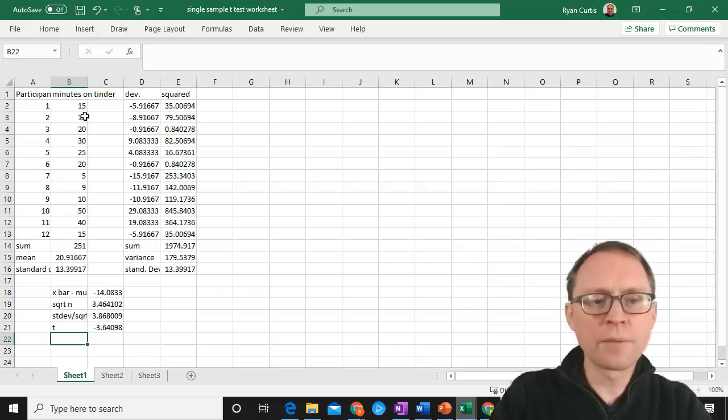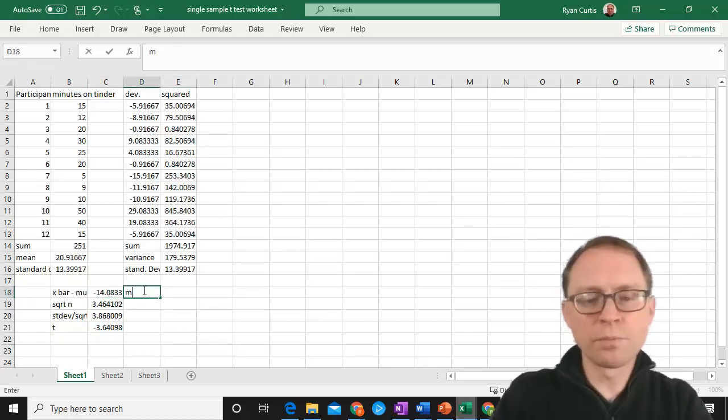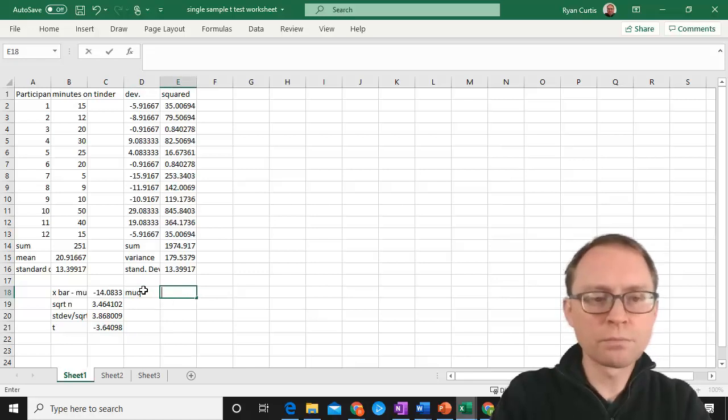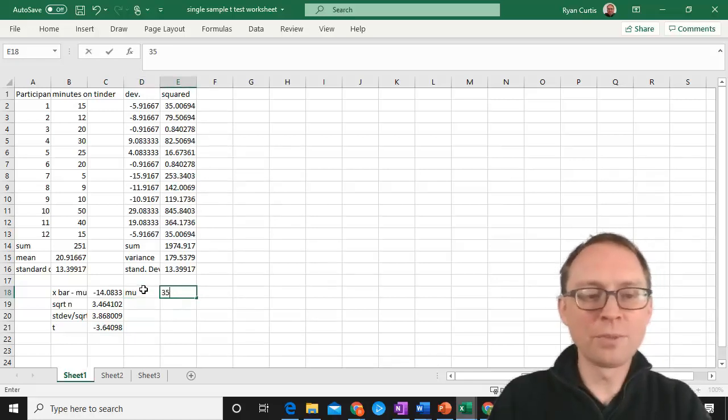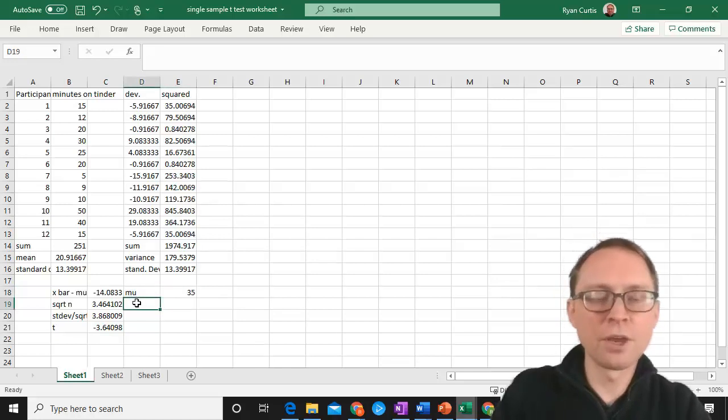In order to do this, then I'm going to need several different things. I'm going to need my sample's mean, my sample's standard deviation, and then I also need the population's mean, which in this case is 35. So I'll just tell you that mu equals 35. So mu is 35 in this case, just to let you know.